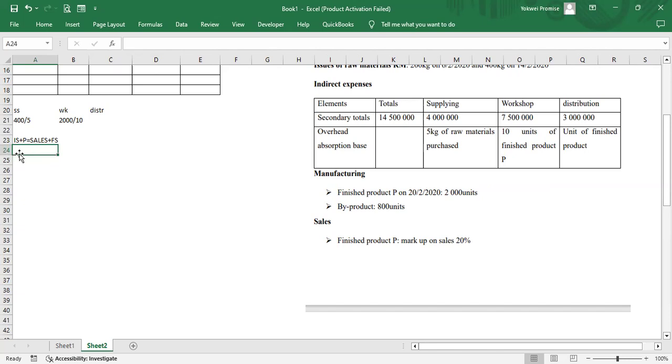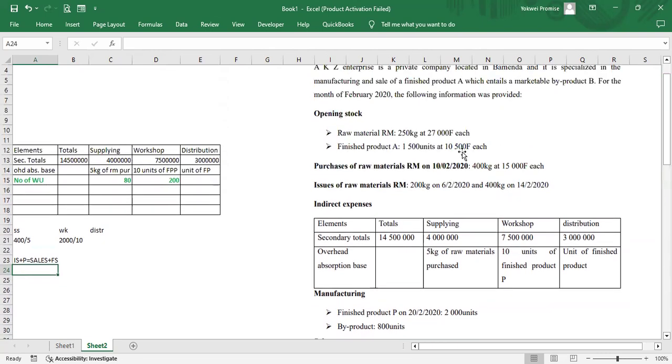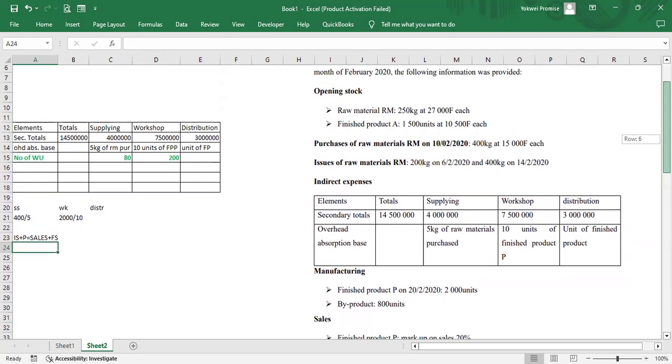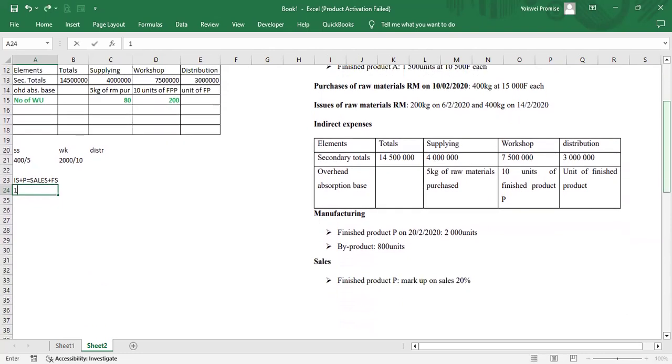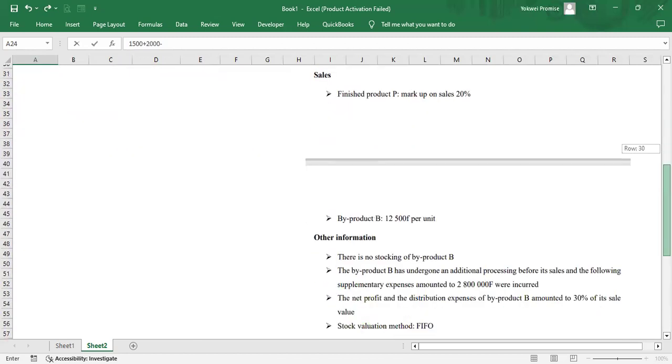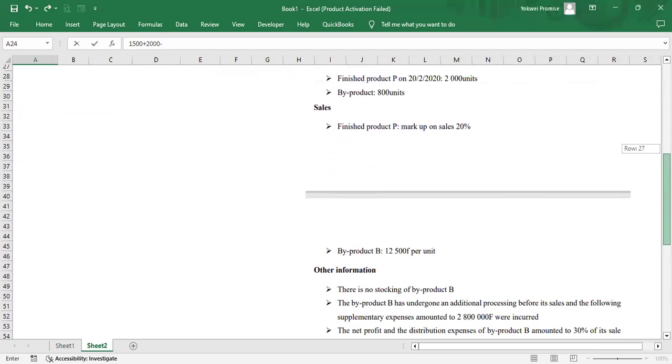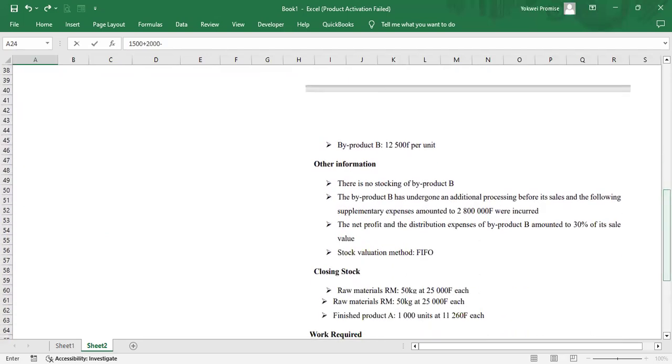The opening stock will have 1,500 units, plus our purchases, which is our manufacturing of finished product P, 2,000 units, less our final stock, which is 1,000.